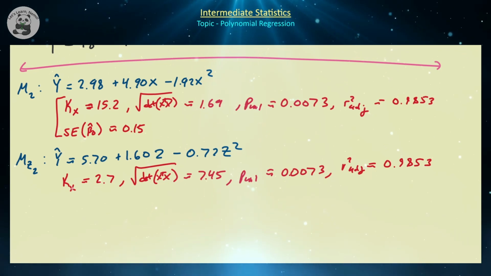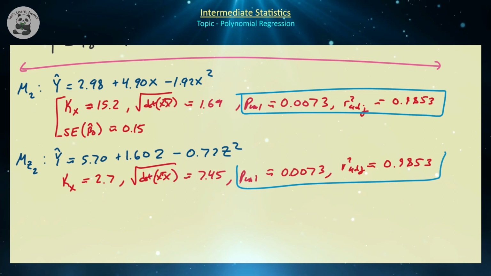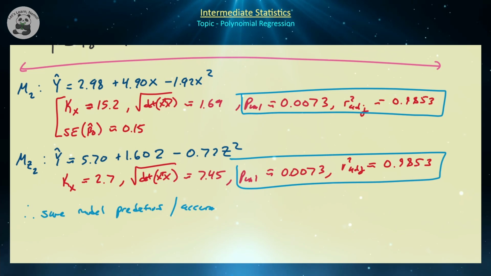So to compare, notice the p-values and the adjusted r-squared values are exactly the same, so therefore it has the same model predictions, and of course the same exact accuracy.